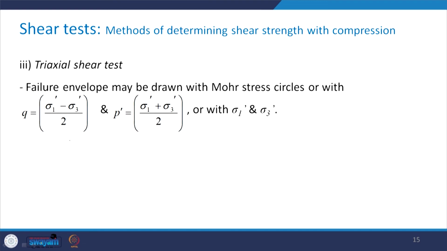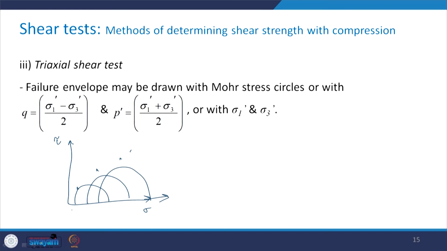You see that on the x axis you have the tau, and here you have your sigma, and then you can have maybe more circles like this for the different confining pressures.